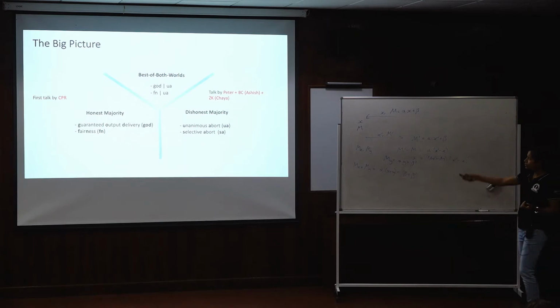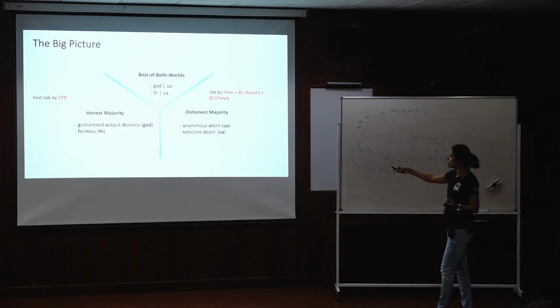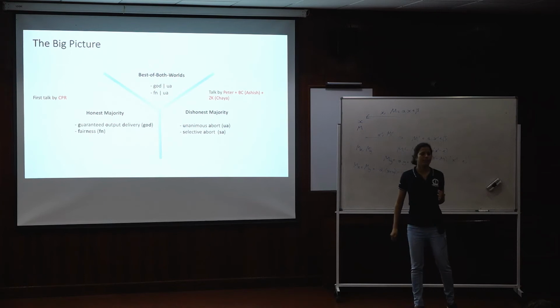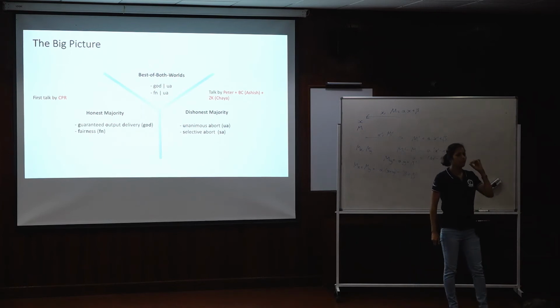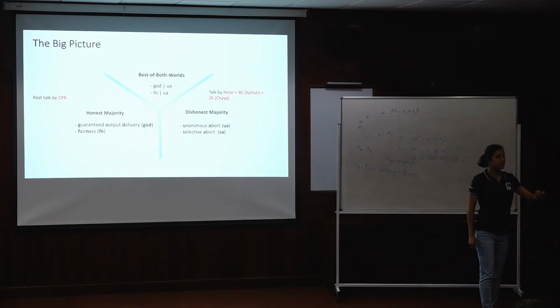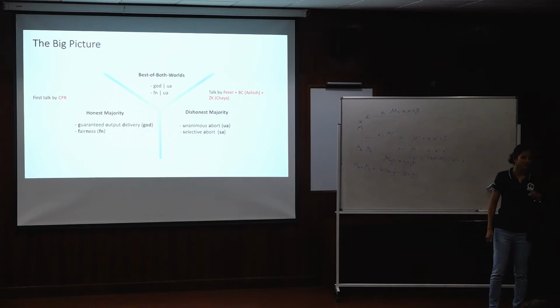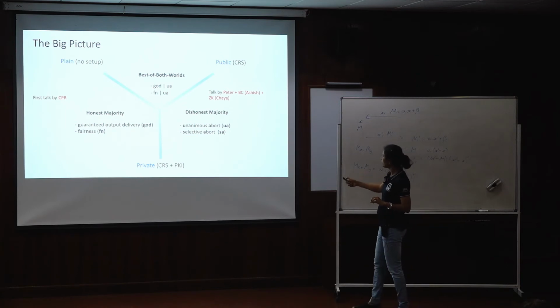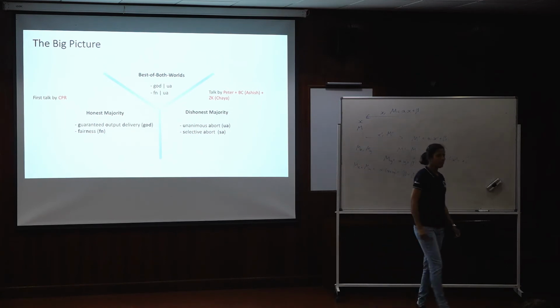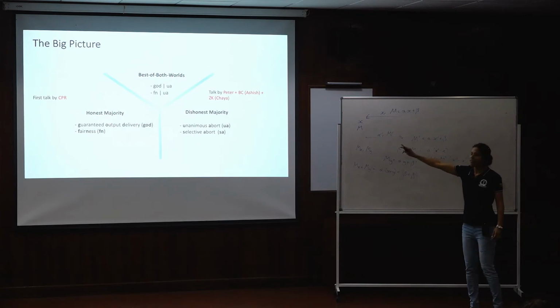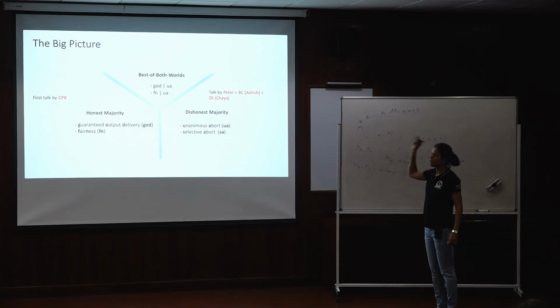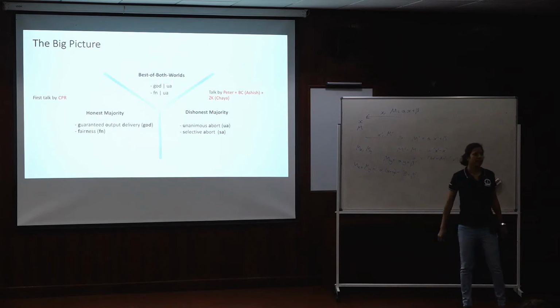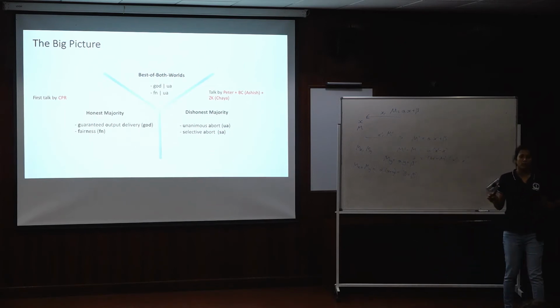We also look at a slightly weaker notion where we relax the security in the honest majority world from the best possible, guaranteed output delivery, to the second best possible, fairness. So that is the second class of protocol that we also consider. This is the third and unconventional class of protocols that I mentioned, best of both worlds, and this is the security goal of best of both worlds protocols. Clear? Okay.